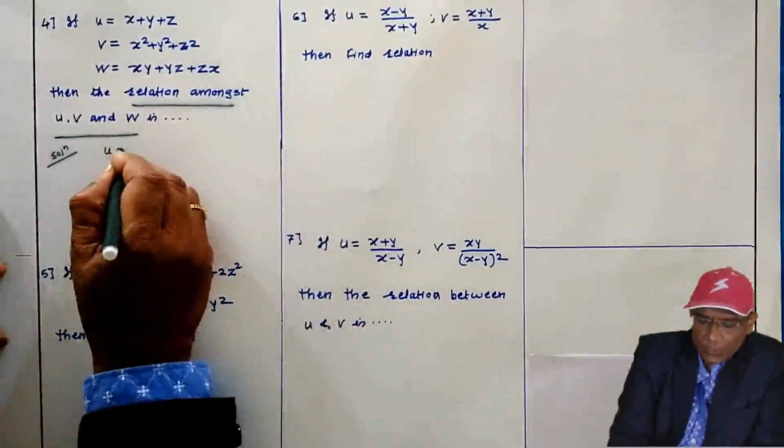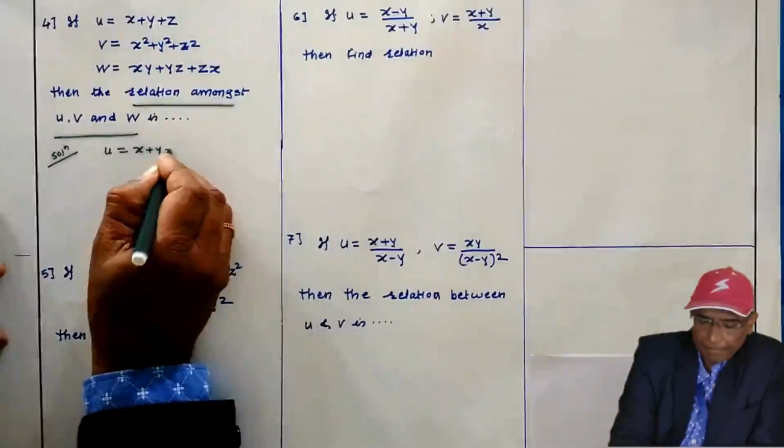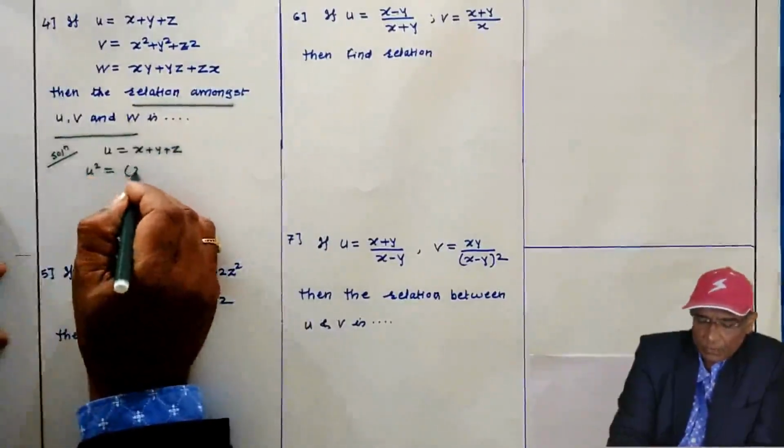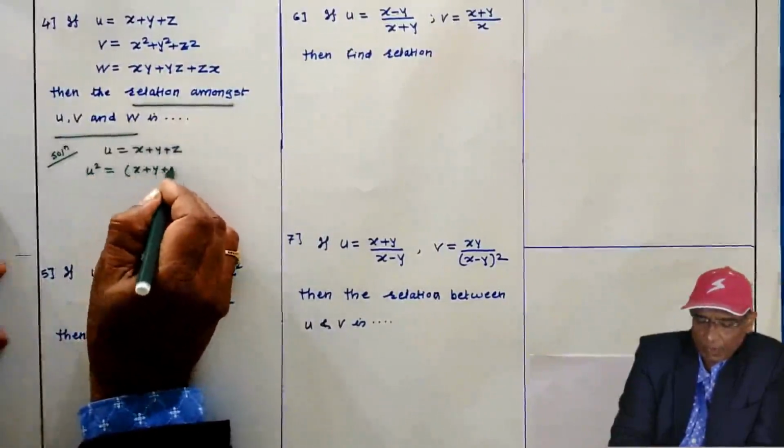So u is equal to x plus y plus z. Then I am making it degree 2, so I take x plus y plus z whole square.